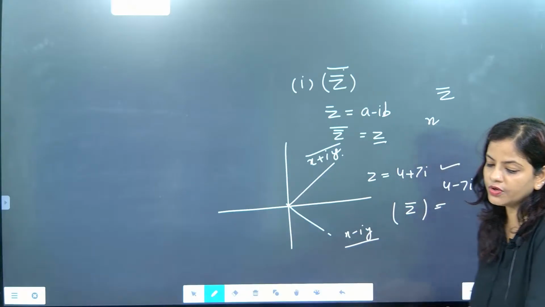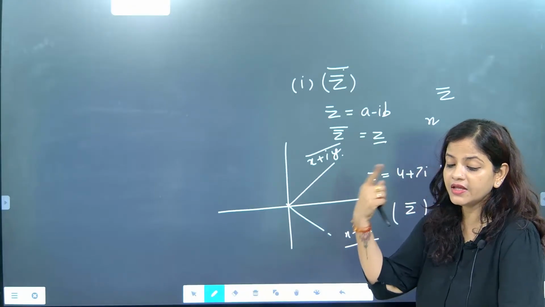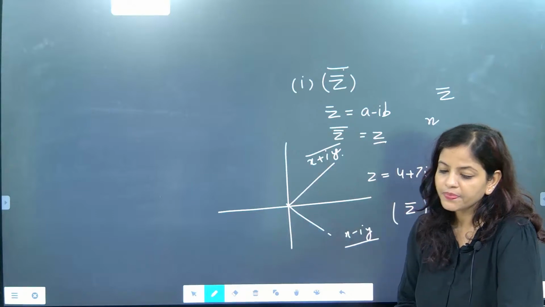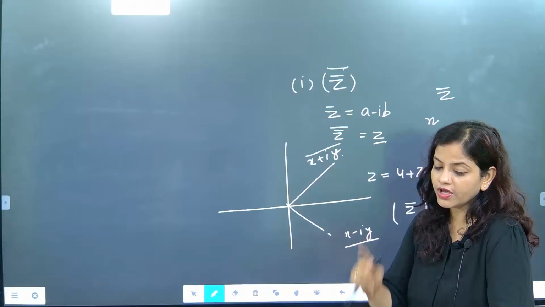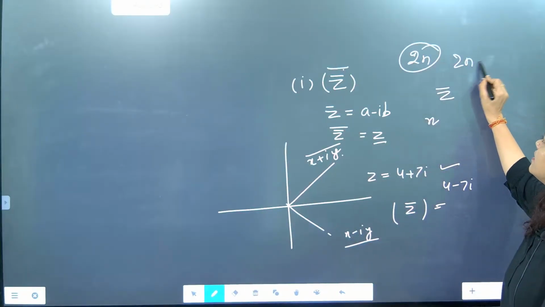That only will change the conjugate. So n times, or 2n times, or 2n plus 1 times.